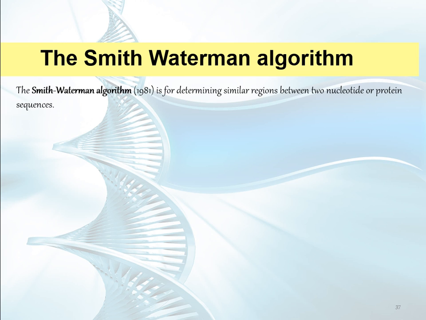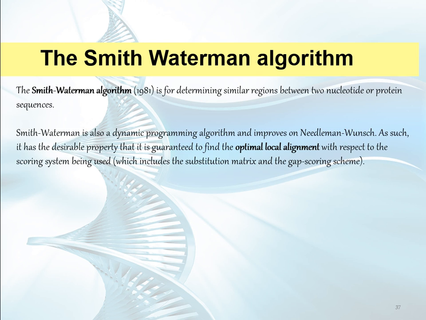So the next algorithm is Smith-Waterman. Smith and Waterman are the scientists who discovered this algorithm in 1981. It is for determining similar regions between two nucleotide or protein sequences. Smith-Waterman is also a dynamic programming algorithm, an improvement on the Needleman-Wunsch algorithm. It has the desirable property that it is guaranteed to find the optimal local alignment with respect to the scoring system being used.